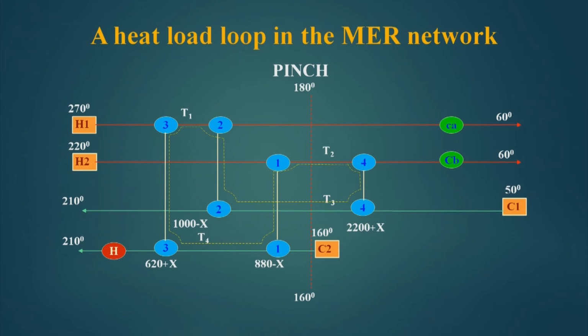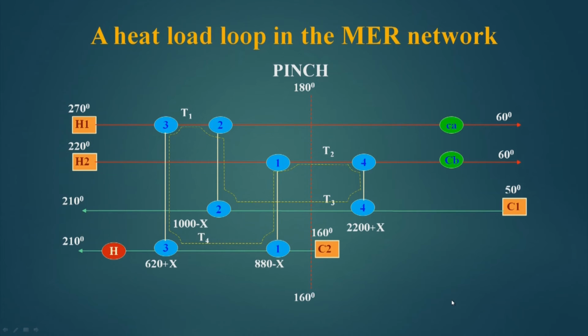Now, this is the loop which is available here. So, we can start from here, we can go to this, then this come back, then go to this, then go to this, then go to this, and then come back to the same place.